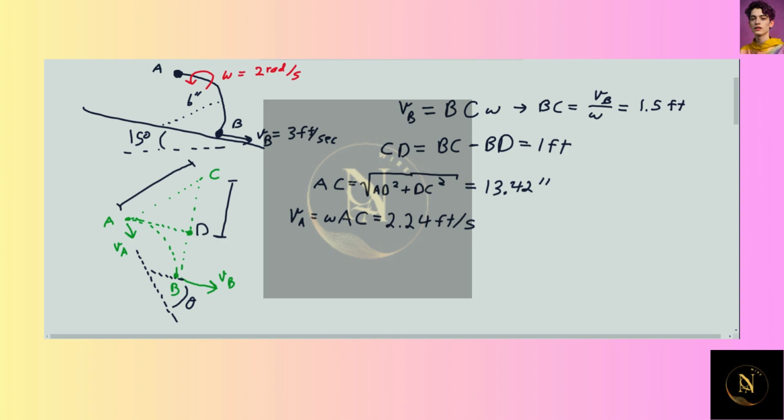We'll know that the cosine of that angle will equal VA over VB. If we solve that for theta, we get that theta equals about 41.8 degrees.